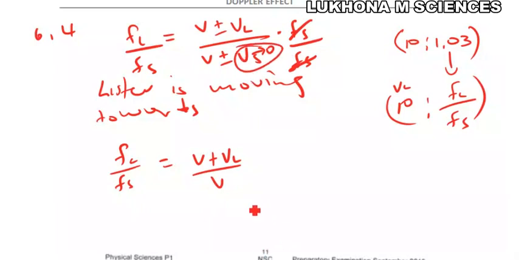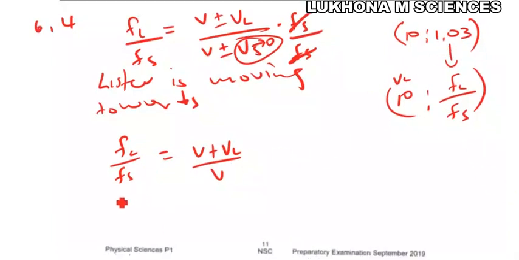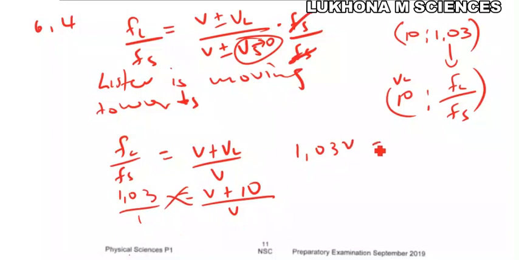Now we can substitute. We do have all of this. The ratio there is 1.03, which is equal to V, the one we're looking for, plus 10 in our case, over V. Then we cross multiply: 1.03 V is equal to 1 times V is V, plus 1 times 10 is 10.